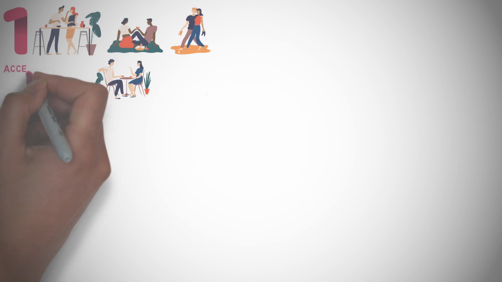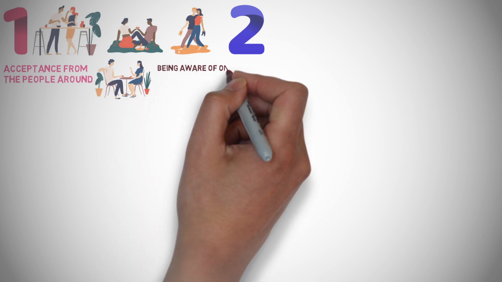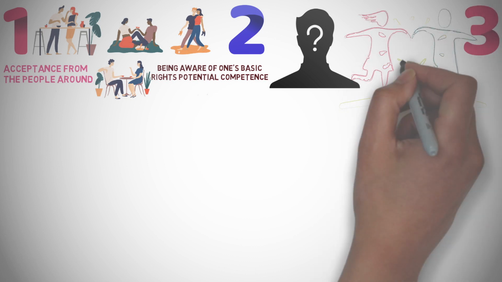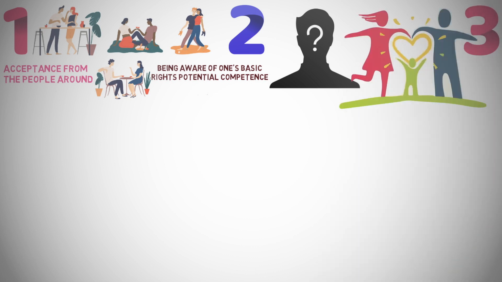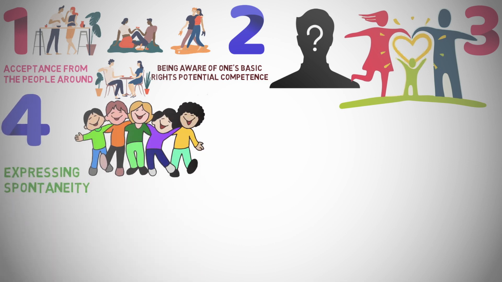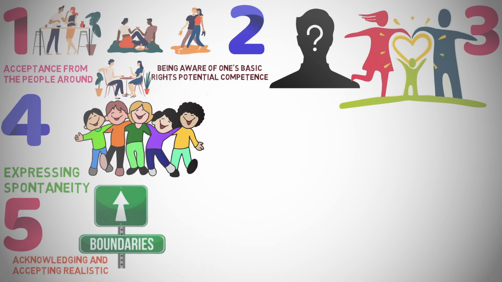Feeling of safety, attention, love, and acceptance from the people around. 2. Being aware of one's basic rights, potential competence, and individual identity. 3. Expressing one's feelings and needs freely. 4. Expressing spontaneity and enjoyment naturally. 5. Acknowledging and accepting realistic boundaries.